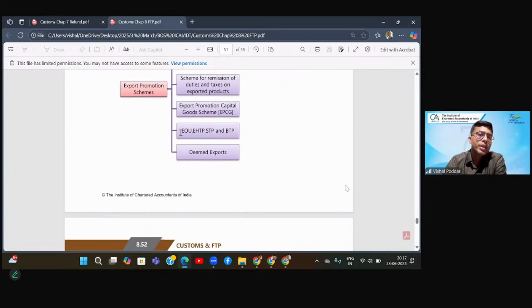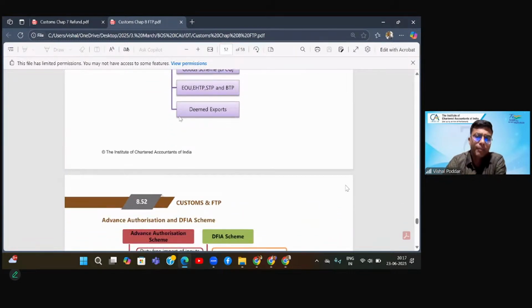Then we set up these special zones, or we give them the special status of EOU, electronic hardware technology park, software technology park, so that they can do the business without the local tax incidence. And then we have this concept of deemed export. Remember one thing, students, we have a similar concept of deemed export in GST, but the GST concept of deemed export and the customs concept of deemed export are different.